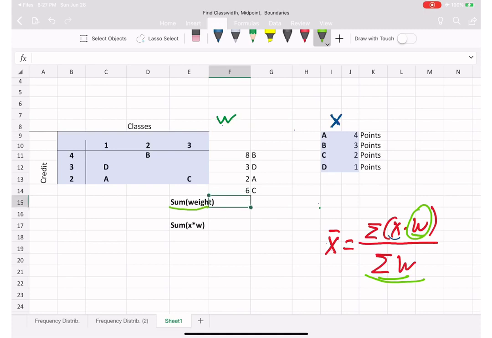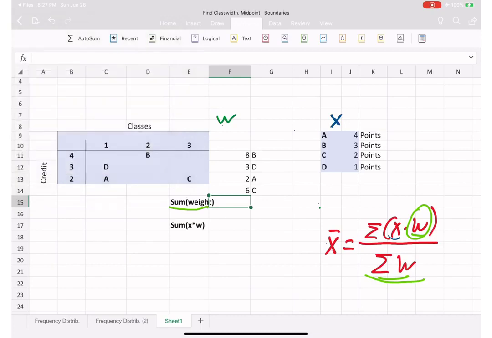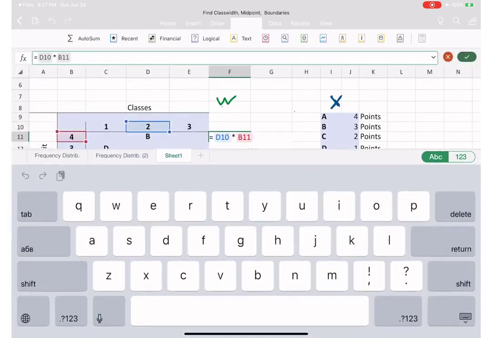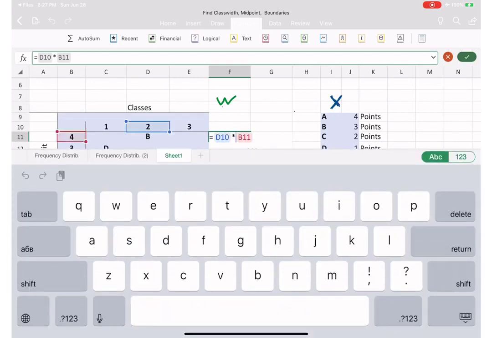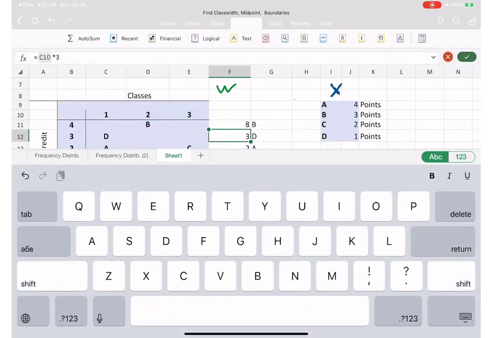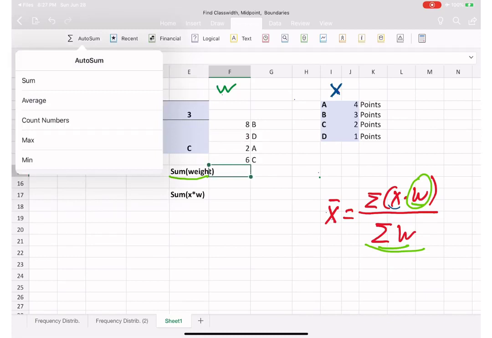So that is going to be equal to the sum.